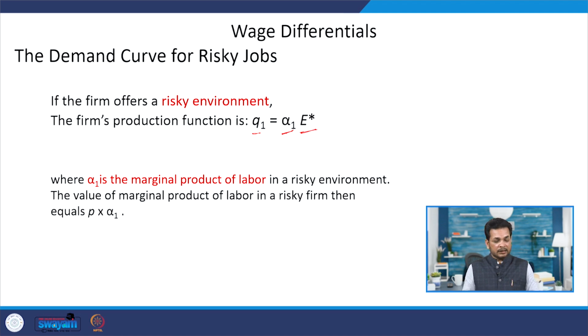So, the value of marginal product of labor in the risk firm is going to be P into alpha 1. So, these are two situations with two different production functions, and we have two different levels of value of marginal product in the risk environment as well as in the safe environment for the firm.